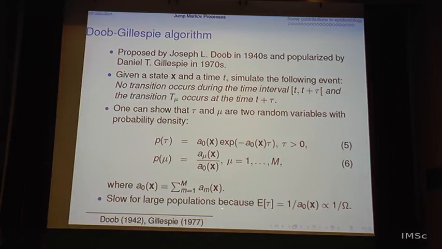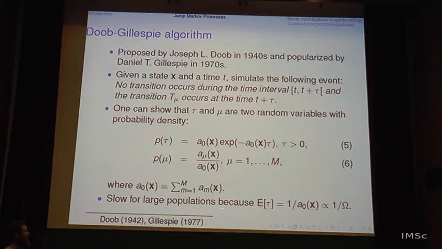The thing is that for a large population, the expectation of tau, the time by which you advance the algorithm, is proportional to 1 over the sum of the jump intensities. And because we have a density-dependent process, this scales with the population size. So the expected time you advance the algorithm scales as 1 over the population size.